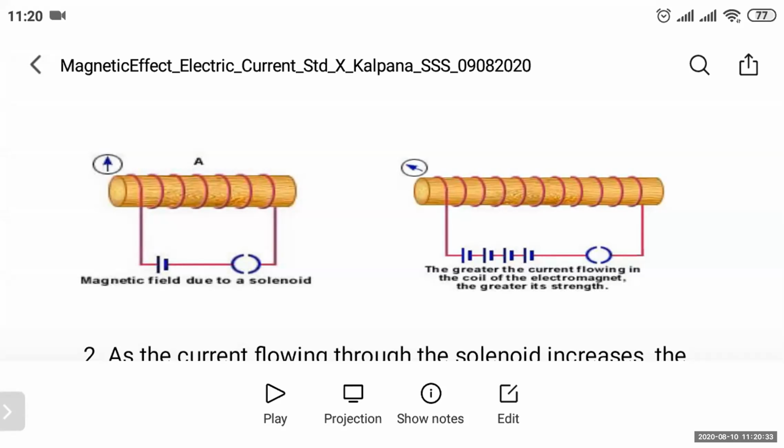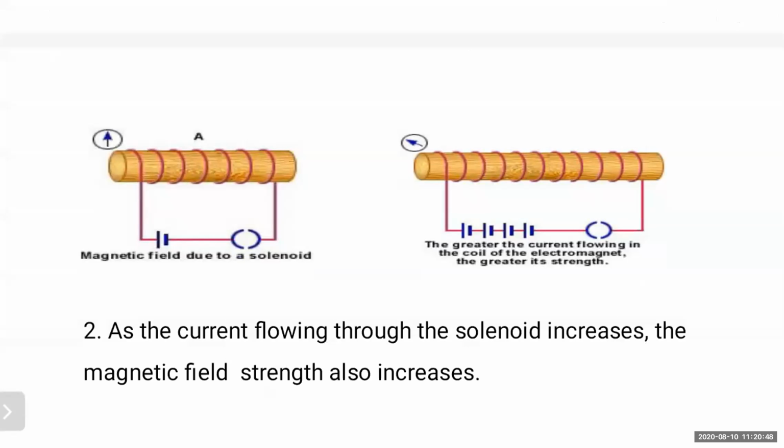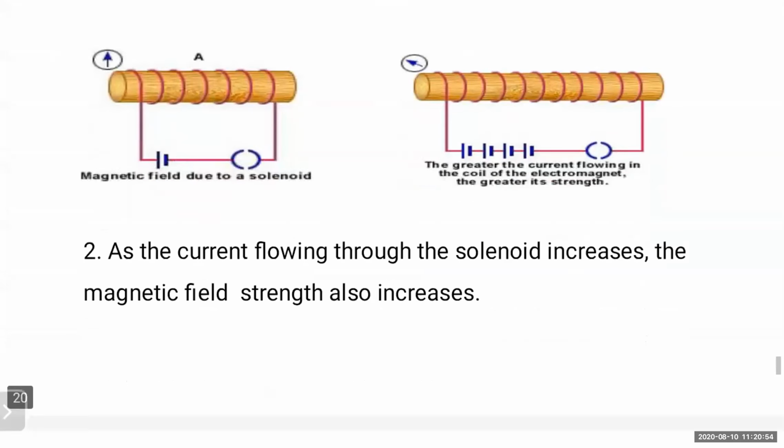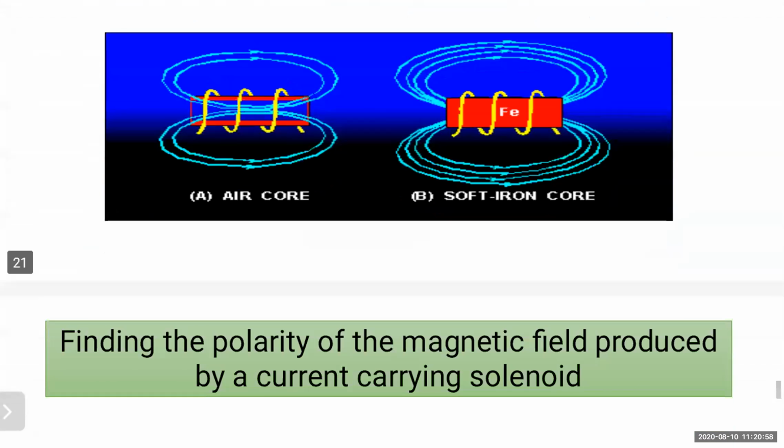Why? Because the magnetic lines of force inside the solenoid are parallel to each other, so the magnetic field is uniform everywhere.